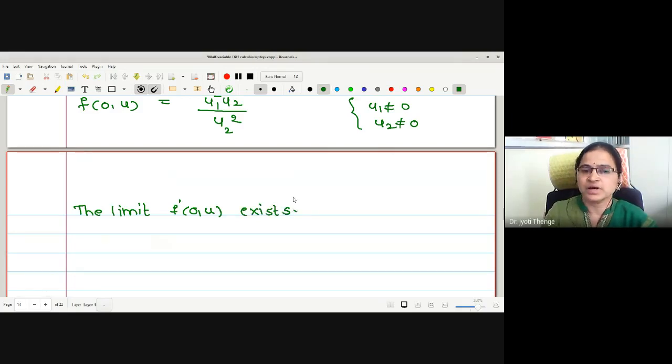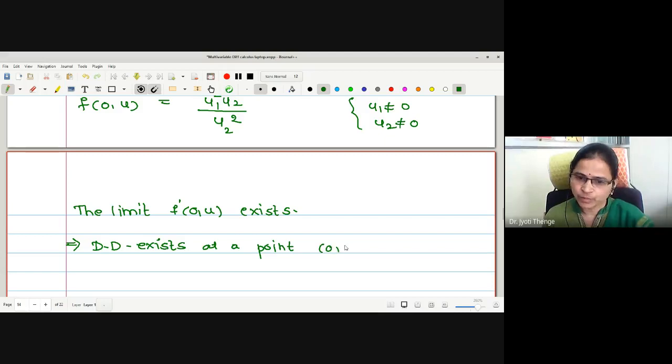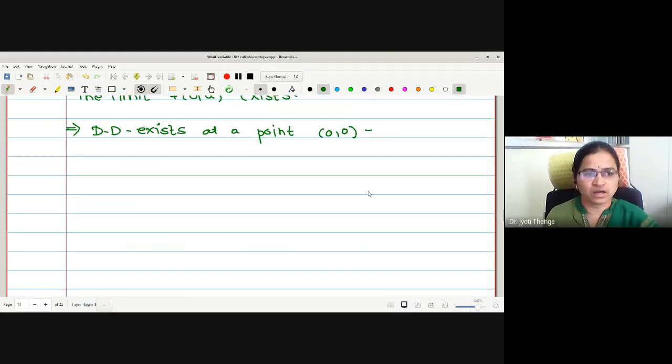The function has a directional derivative. This implies the directional derivative exists at the point 0, 0. Is it fine? Now we will check continuity at the same point.